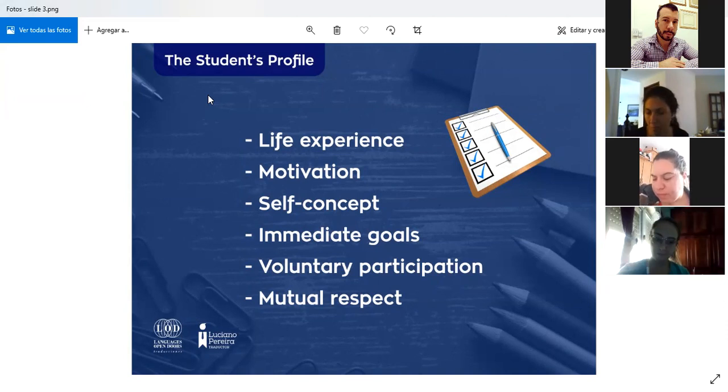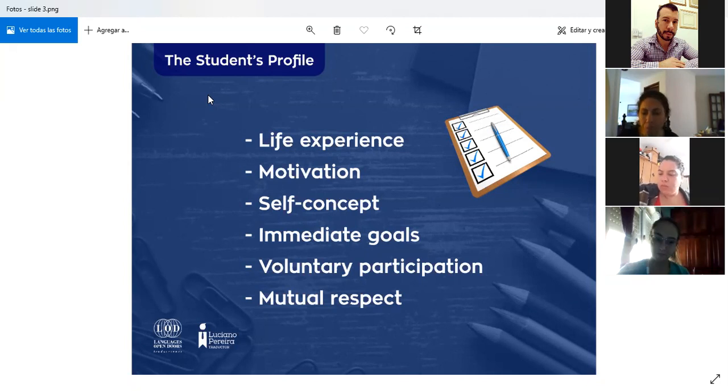Next point, we have motivation. Well, motivation is a key element in the teaching learning process. So we need our students to be motivated in order to achieve the goals that we have for this course. As you may notice, adult students in general are highly motivated, at least at the beginning.